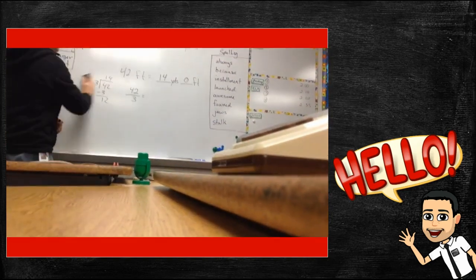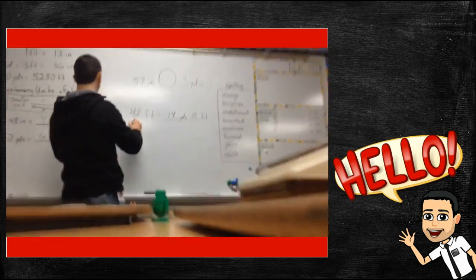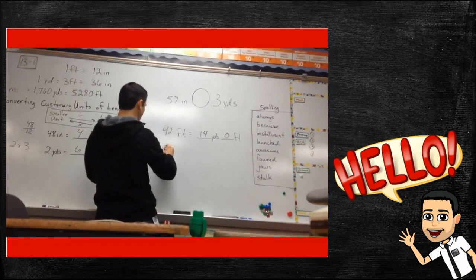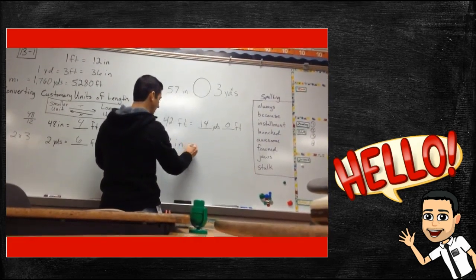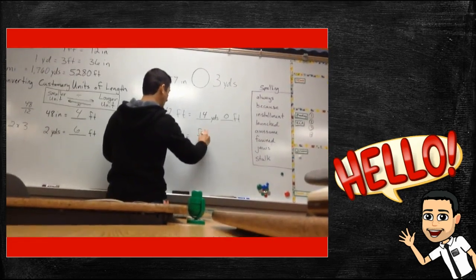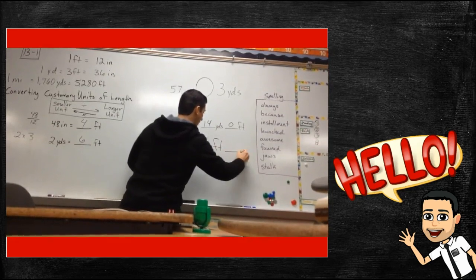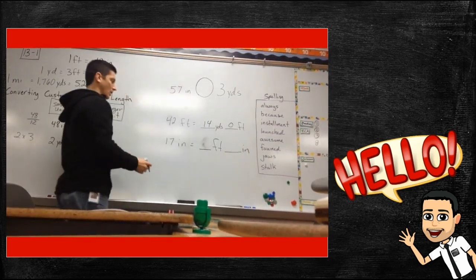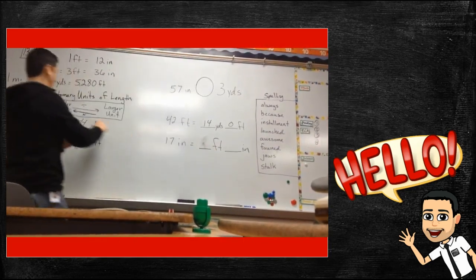Let's try a different problem. Maybe I have 17 inches, and I want to change it to feet and inches. What do I do? Well, I'm going from a smaller unit to a larger unit.